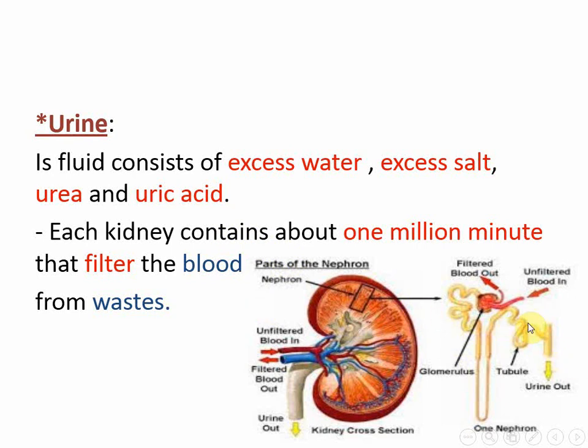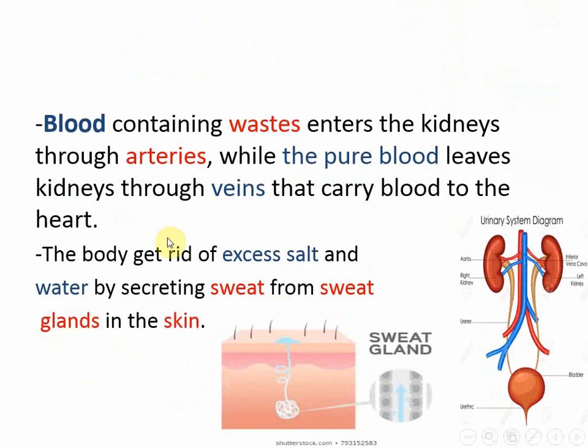This is the shape of the nephron. The blood containing wastes enters the kidneys through arteries, while the pure blood leaves the kidney through the vein that carries blood to the heart.